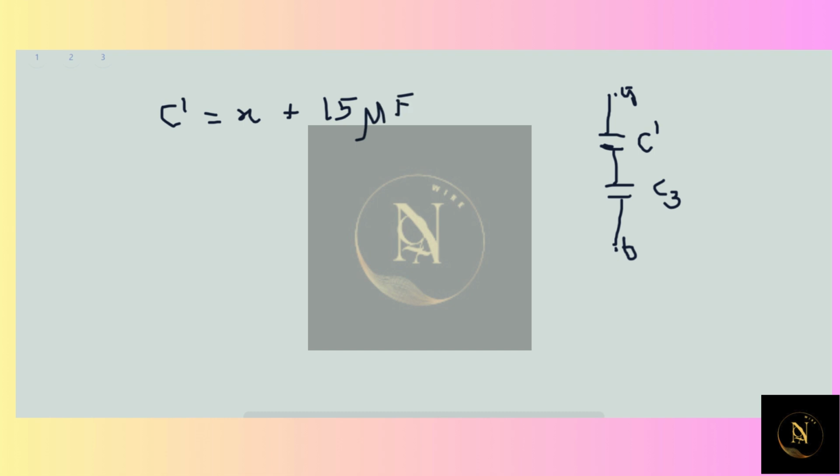Good. And now we see that C prime and C3 are in series. If we want to calculate the net capacitance of this combination of C prime and C3, let's say the net capacitance is C double prime. So 1 over C double prime is going to be equal to 1 over C prime plus 1 over C3. That is the equivalent capacitance when the capacitors are connected in series.